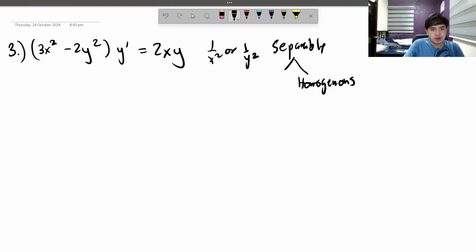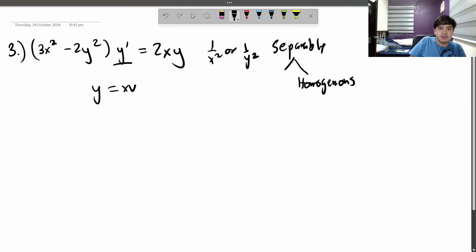It's your choice. But in here we have a y prime. That would only happen if we had y equals xv. This is a result of y over x equals v. So we need something that results in y over x. And if we multiply by 1 over x squared, we can achieve exactly that.